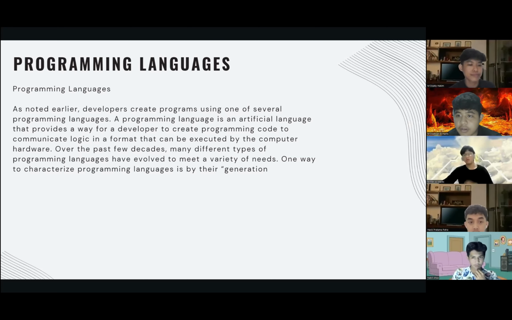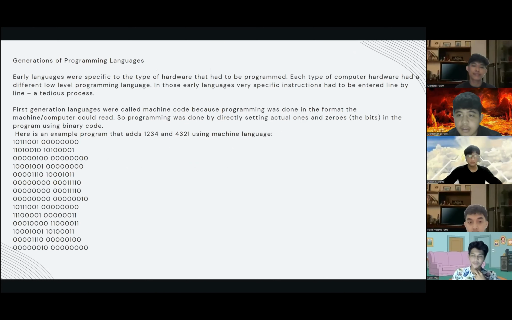Okay, thank you to the moderator. And I will continue what my friend said before. In the first generation of programming languages, every language was specific to the type of hardware that had to be programmed. Each type of computer hardware had a different low-level programming language. In those early languages, very specific instructions had to be entered line by line, a tedious process.